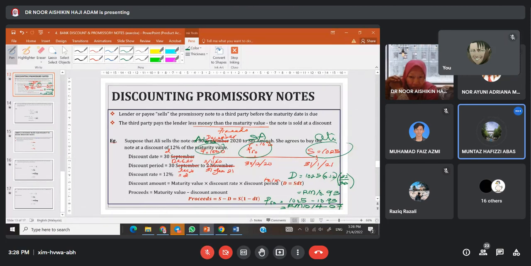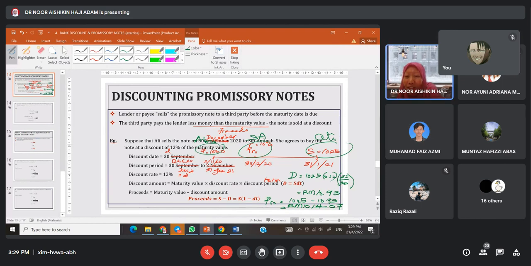Lepas tu Abu kena bayar balik dekat Siti Aminah 1025. Oh, 1025 dipindah kepada Siti Aminah pula. Yalah. Sebab perjanjian atas note tu adalah untuk dibayar jumlah 1025.